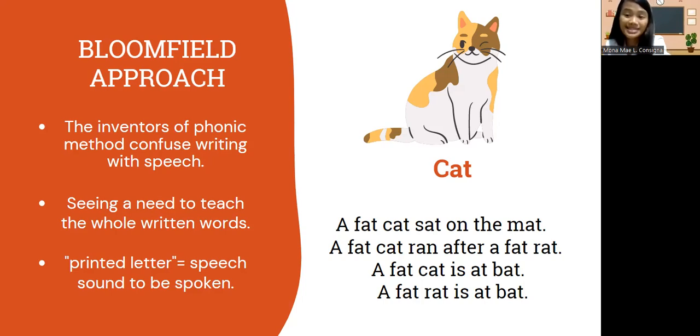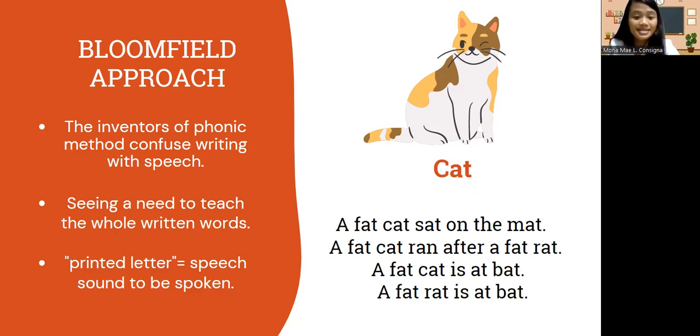Here we can see the word cat. When this word cat is shown, the child already knows the names of the letters in order: C, A, and T. They already know that C is a consonant and A is a vowel.